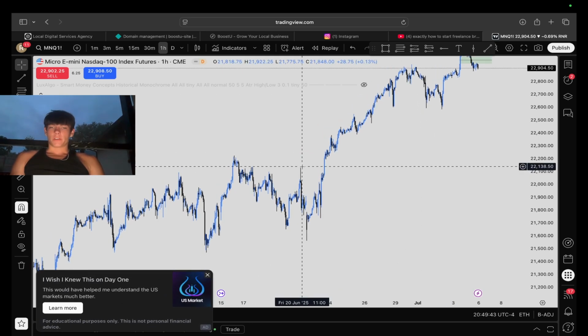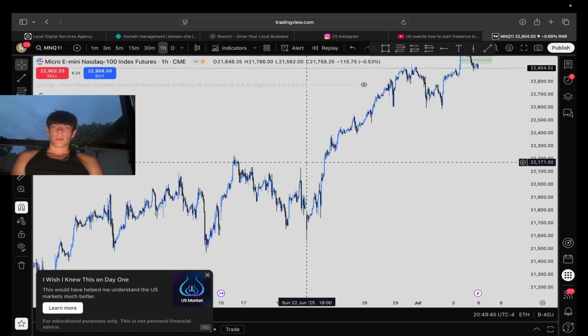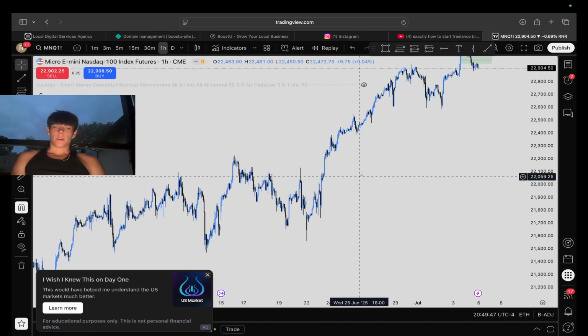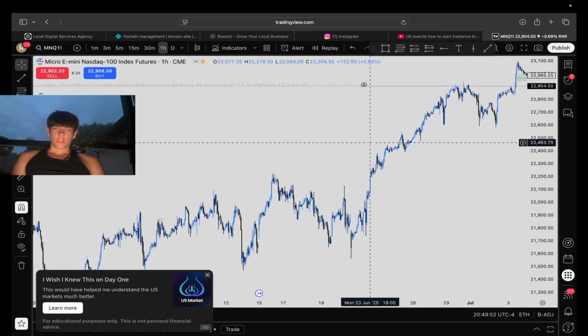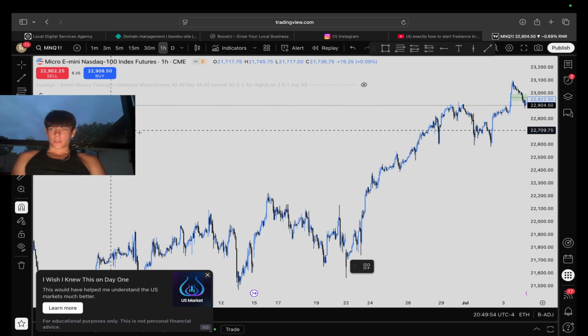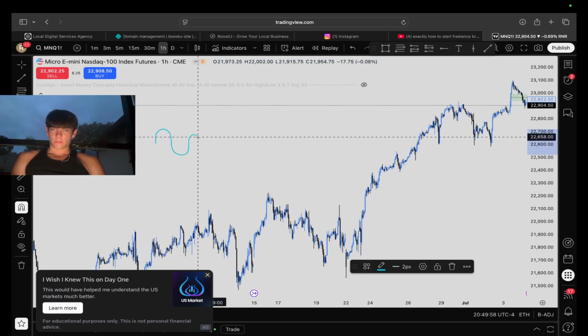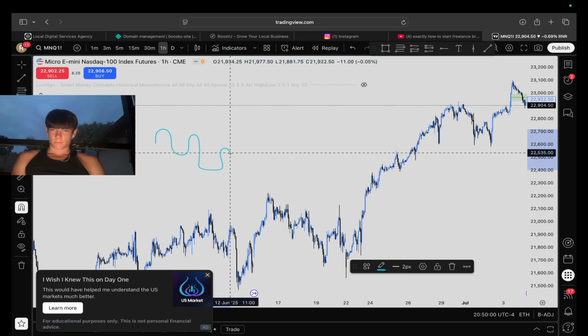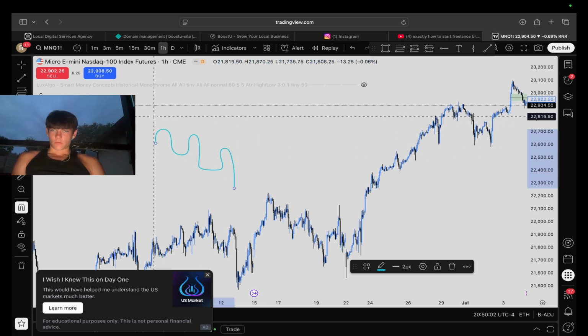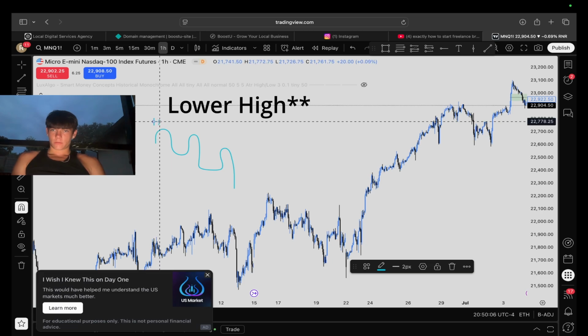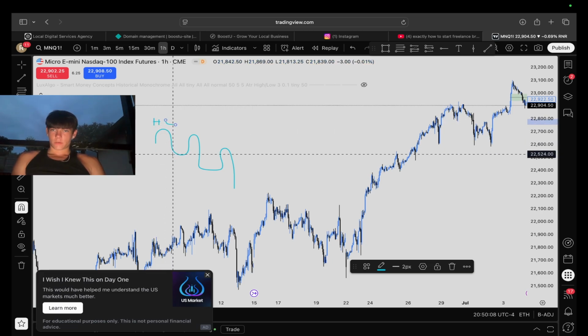Now that we know what a break of structure is and how it helps us, how do we find a break of structure? A break of structure is going to look something like this. We have our higher low and our lower low.